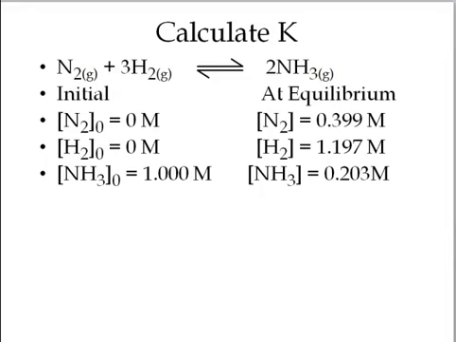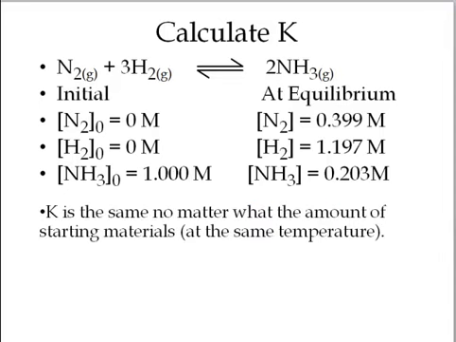All right, did you find that your value for K equals 0.0602? Just like before. But again, what's important? We had different concentrations, but at this temperature, this reaction, notice the concentrations are different, but the K value is the same. So this point right here, I can't emphasize enough.